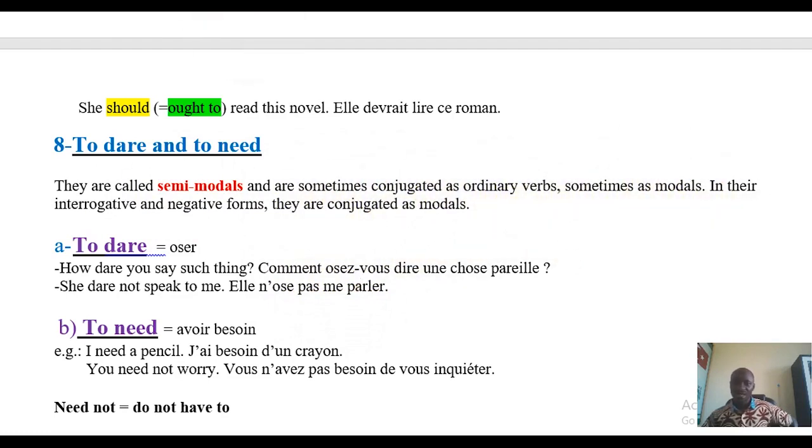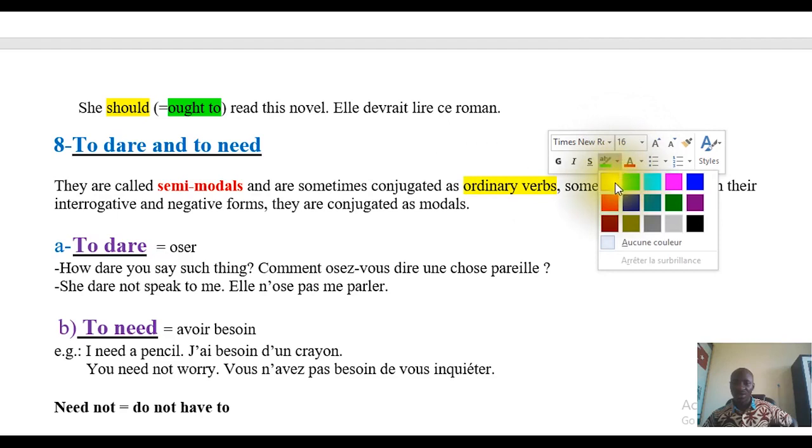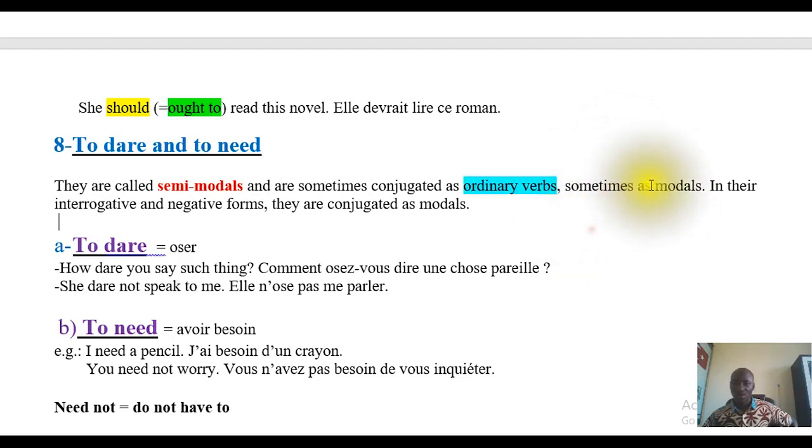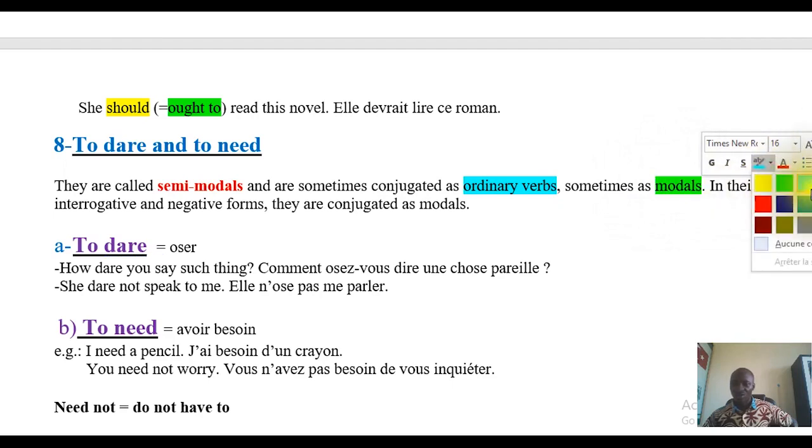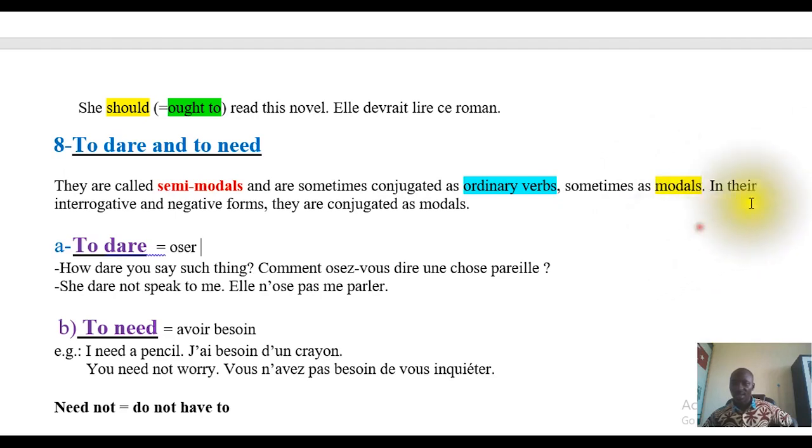Sometimes they can be conjugated as ordinary verbs, or sometimes as modals. Okay.